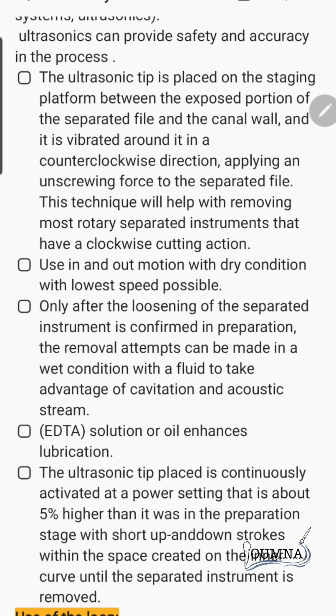Only after the loosening of the separated instrument is confirmed in preparation can removal attempts be made in a wet condition with fluid, to take advantage of cavitation and aqueous stream. A detergent solution or oil enhances the lubrication.